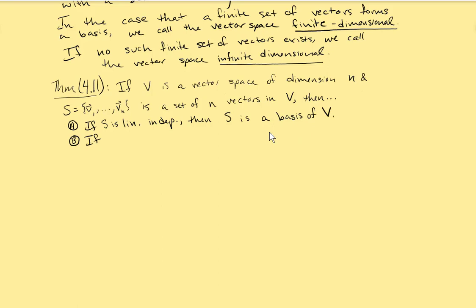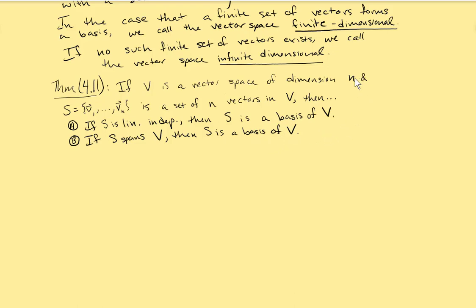On the flip side, we can also say if S spans V, same deal. Again, if we know we have the right dimension to fit our vector space, we only have to check that the set spans the vector space to know it's a basis.